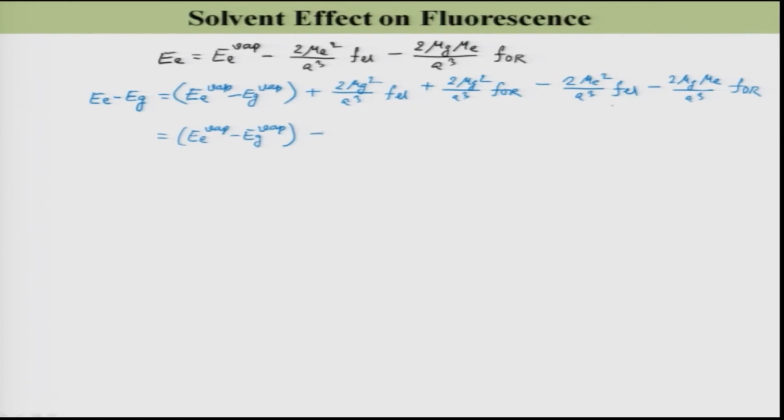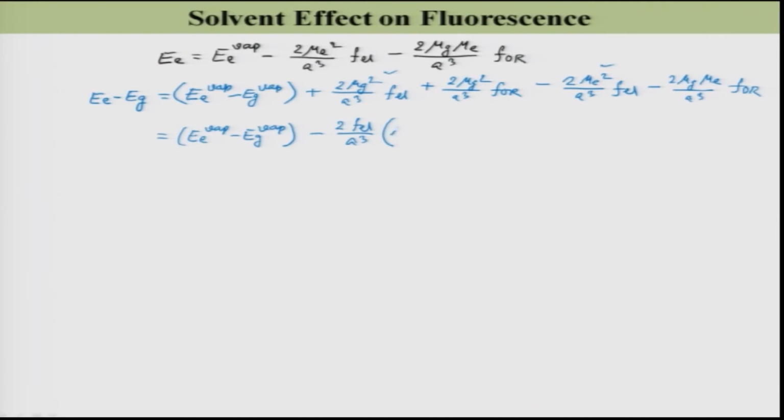minus, I will take this 2 f_EL by a cubed from here and from here, then this is equal to mu_E square minus mu_G square, right.